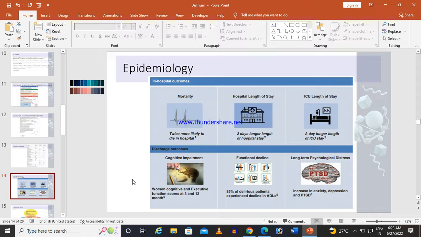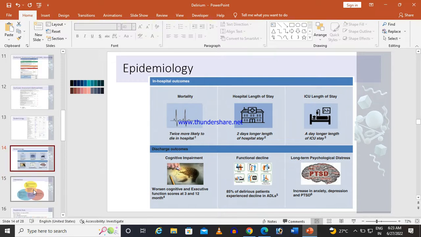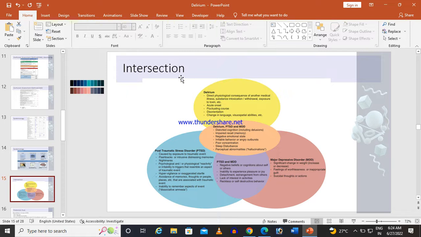85% of the delirious patients experienced a decline in activities of daily living. It was also observed that patients who had suffered delirium have severe post-traumatic stress disorder, PTSD. This is an intersection of mental disorder and delirium.